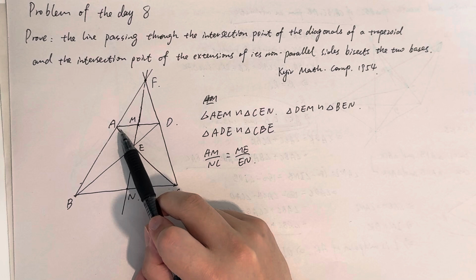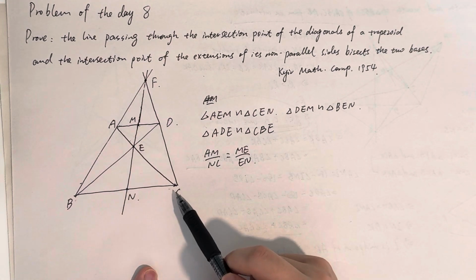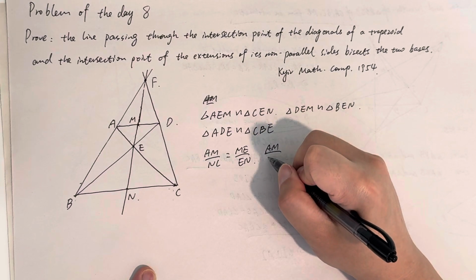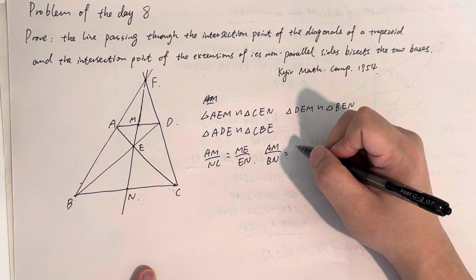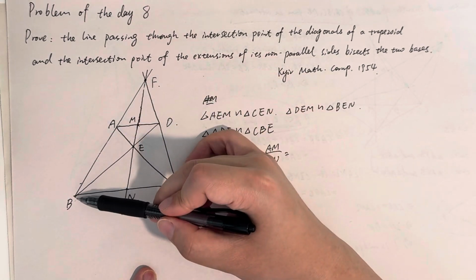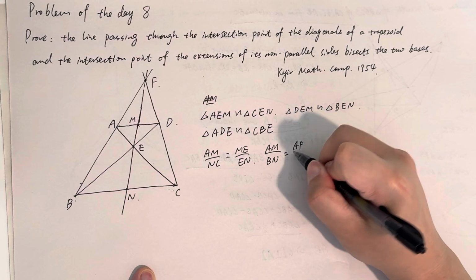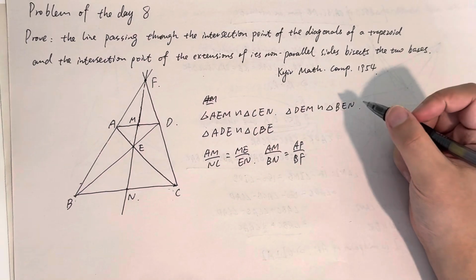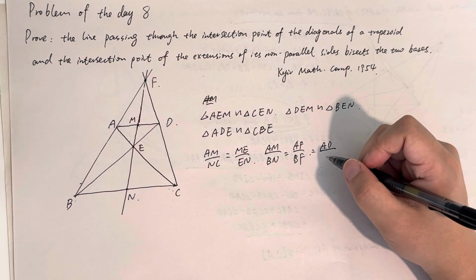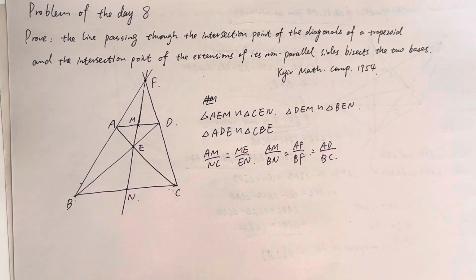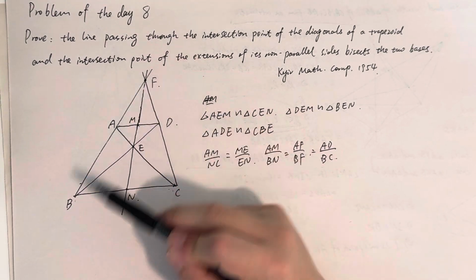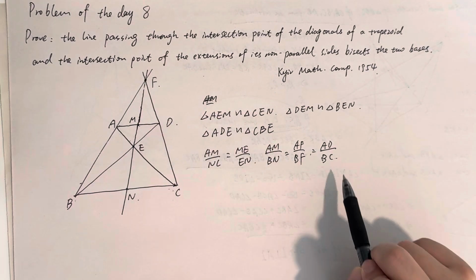And because AM is parallel to BC, we know that AM to BN equals AF to BF, which equals AD to BC.